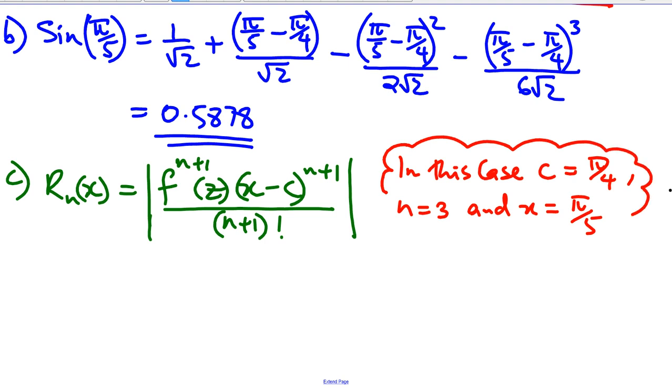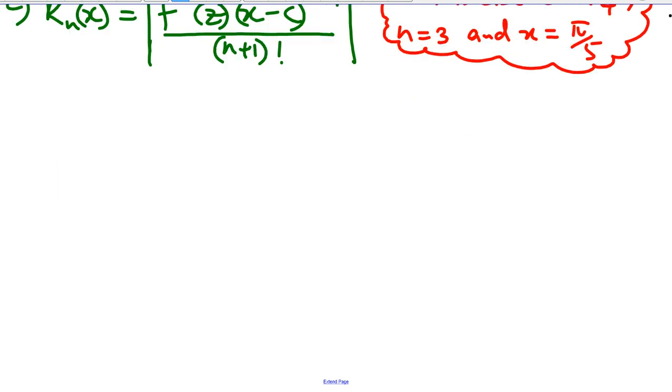So I'm just writing this down because this is the information that you're going to plug into this formula for the error term. Now we are using the third degree polynomial, so that means n is 3. That's where that's coming from.